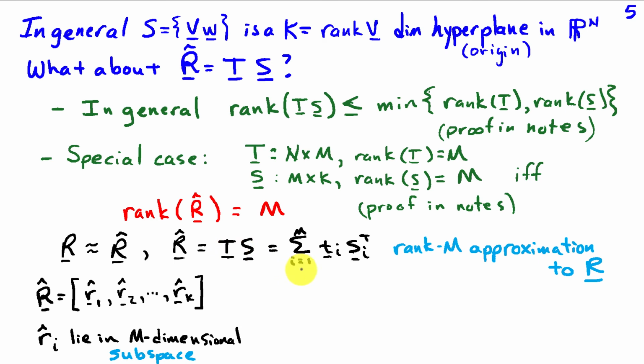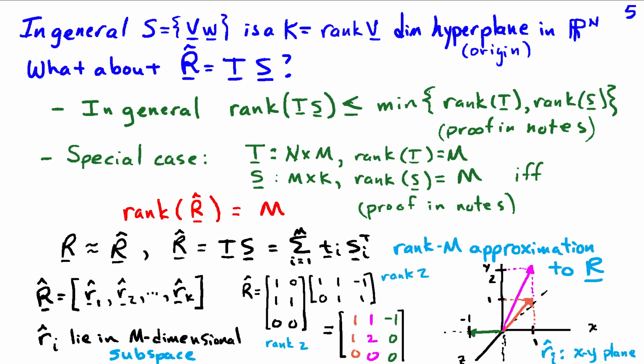If there are m tastes, or T is an n by m matrix, then we call this a rank m approximation to the matrix R. So it's a low rank approximation because in general, m is going to be less than n or k, the dimensions of R, and we're representing this n by k matrix with m linearly independent terms. And this implies that the columns of this matrix R hat, our approximation, lie in an m-dimensional subspace.